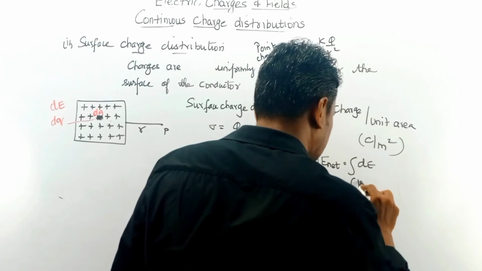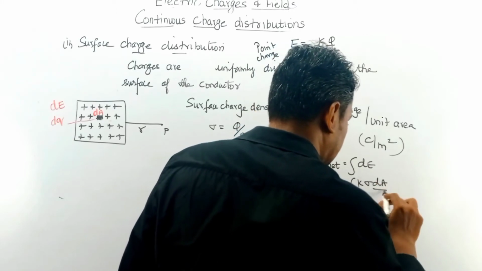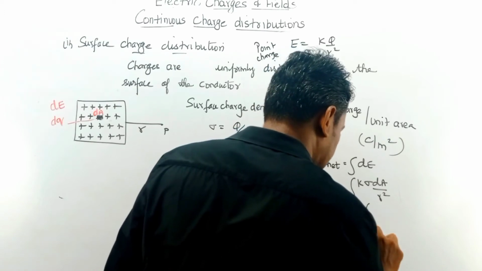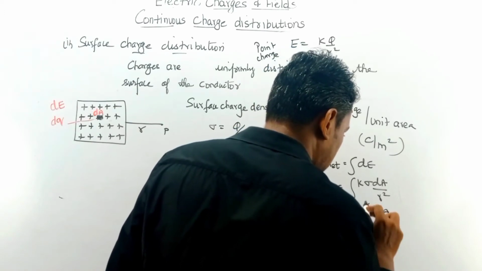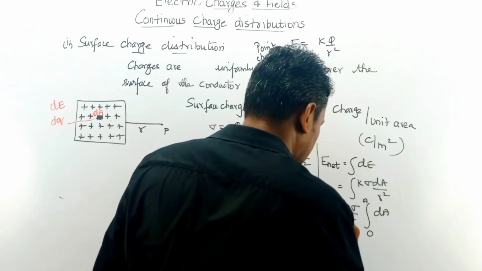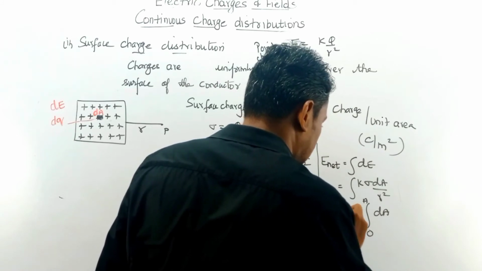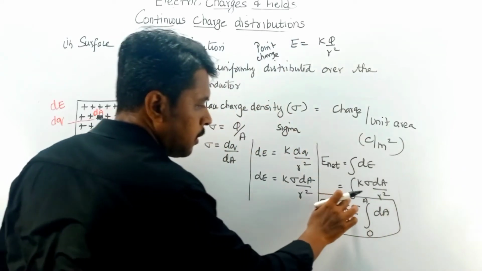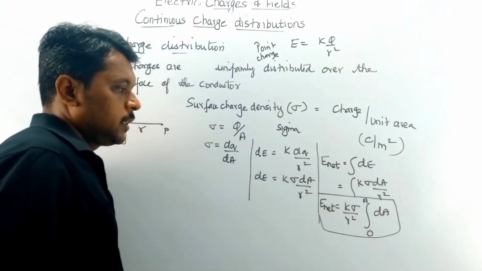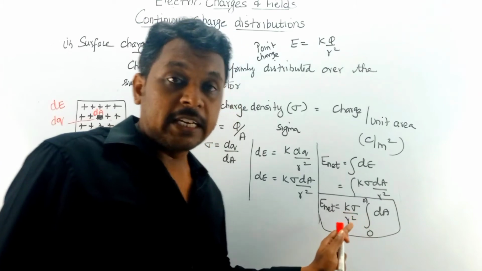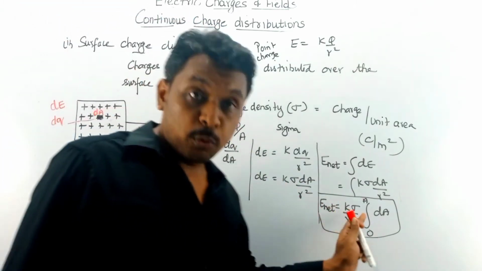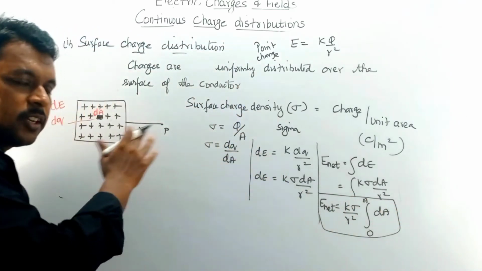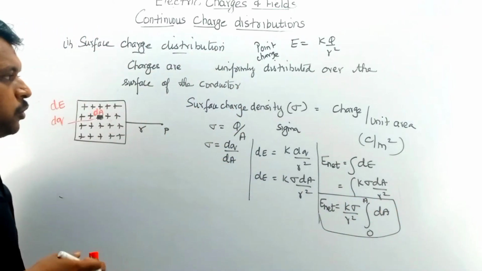So E is k sigma by r square times the integration of dA from 0 to A. This is the net electric field in the case of surface charge distribution. This is the general way of representing surface charge distribution.